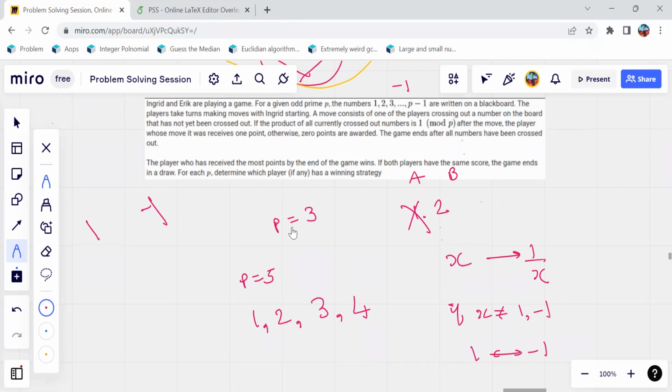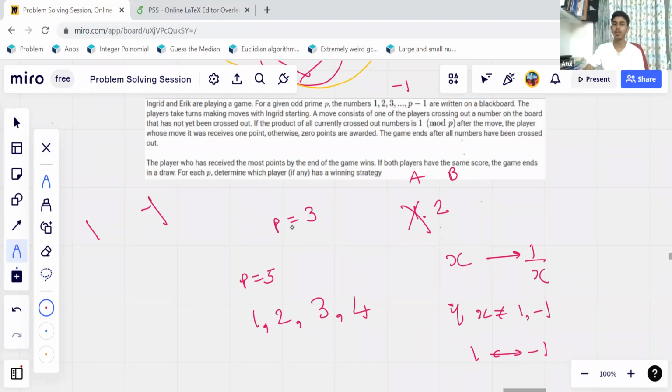Wait, so doesn't Alice essentially always win? Because if he chooses -1 first, and now whatever I choose, you just pick the inverse. But what if you choose 1? That's the problem. Okay, that's fair. Wait, no. We started with -1. Yeah, and now your opponent Alice picks 1.